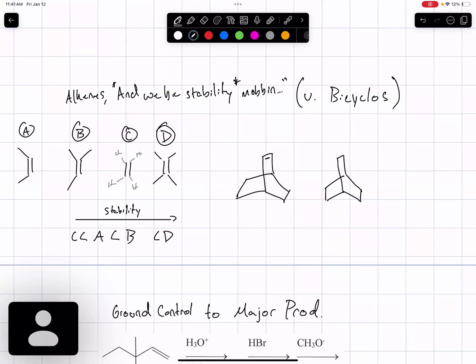How about this bicyclo? And actually, let me draw 2 more.